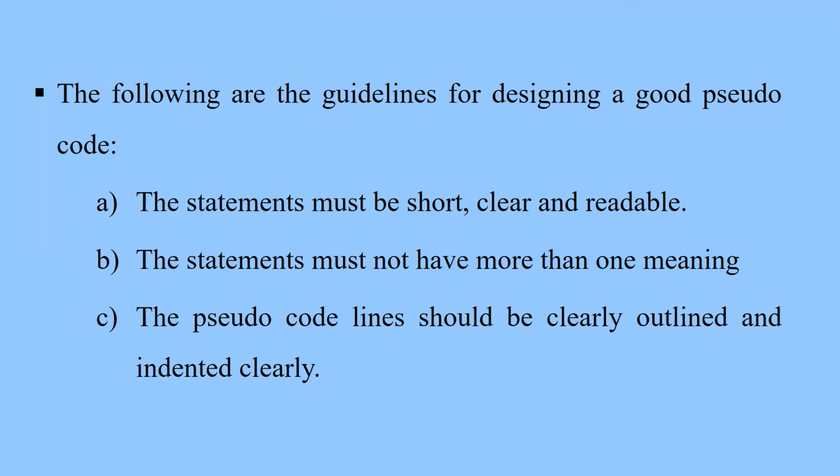Number four, the other rule you need to adhere to is that your pseudocode should clearly show the start and the stop of executable statements and the control structures. In other words, your pseudocode should have a statement that indicates this is the starting point and another one that indicates the stop.